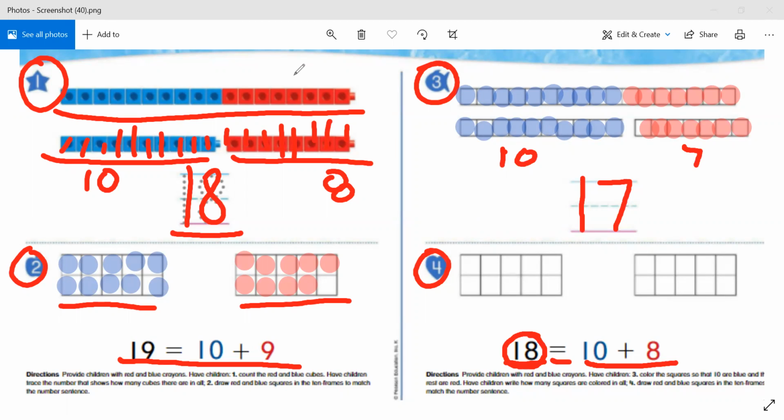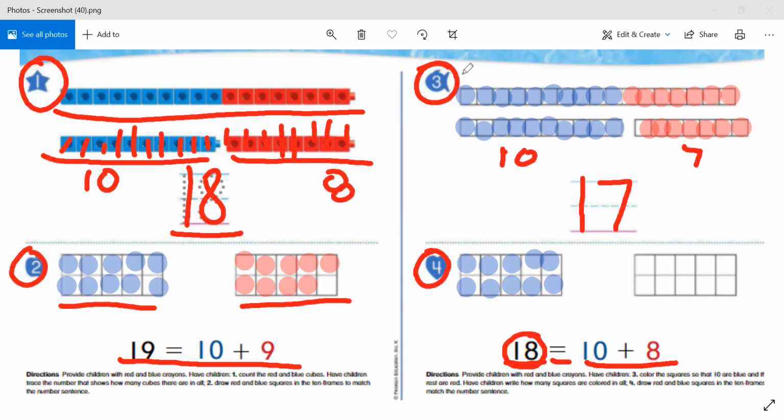So 18 equals 10 plus 8. So we're going to get our blue crayon and we are going to fill in our first 10 frame with 10. So remember, we don't have to count this because we know it's a 10 frame, and when we fill it all up, it has 10 in it.